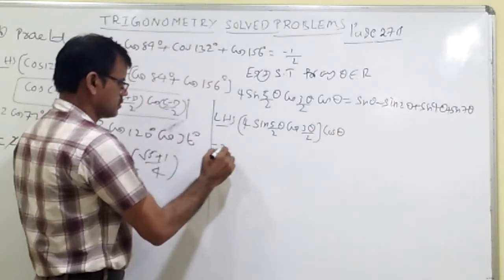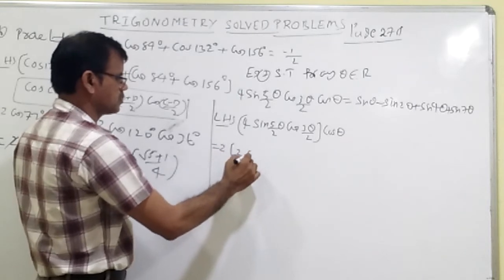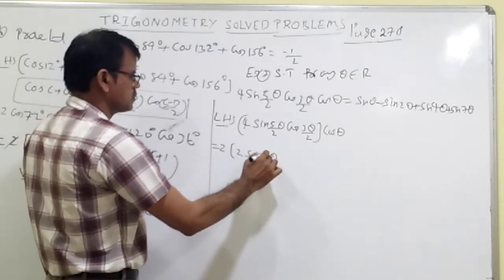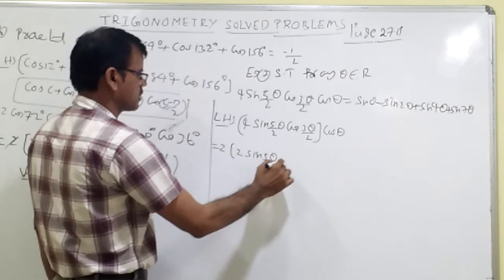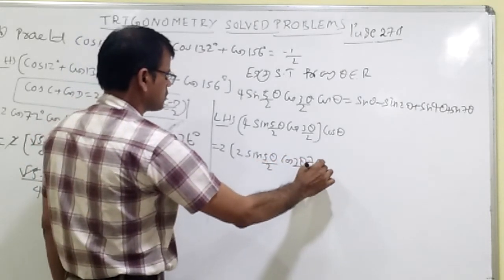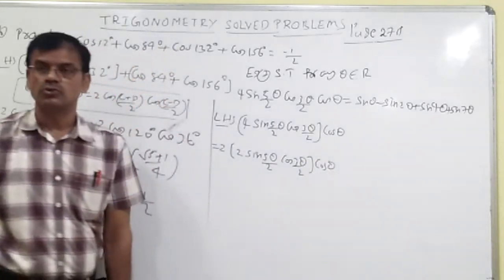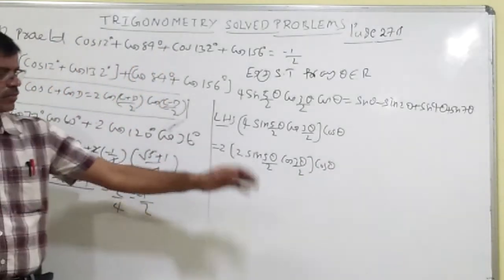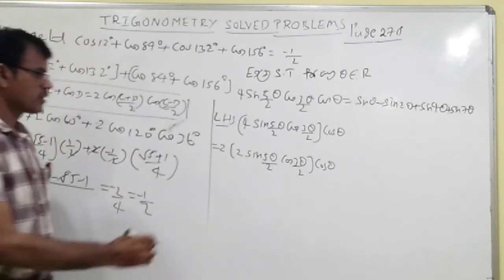That is equal to, you can write here, 2 into 2 sin 5 theta by 2 cos 3 theta by 2 into cos theta.